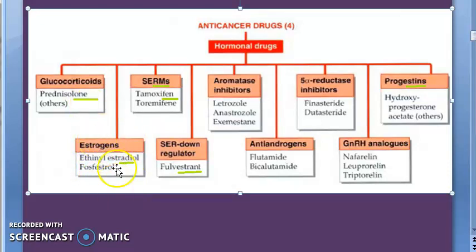Estrogen itself can be given if you probably need estrogen in the person and the lack of estrogen is creating a problem, right? So there you can give ethinyl estradiol, fine. So here basically based on the situation they will give the opposite treatment. You understood? Opposite requirement, whatever is there, they will give that.